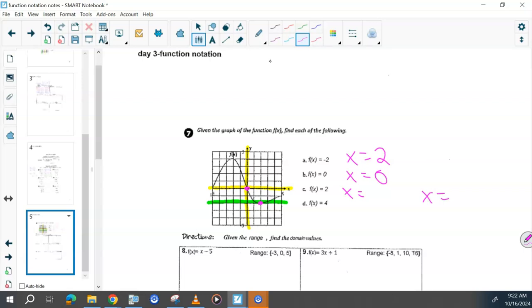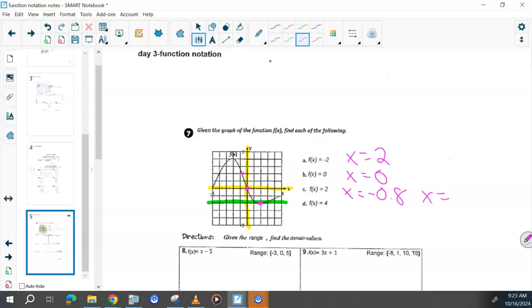Go back the other way. -0.5. 0.5 might be a little off, but 0.8 might work, because it's like super close to -1, but not quite.